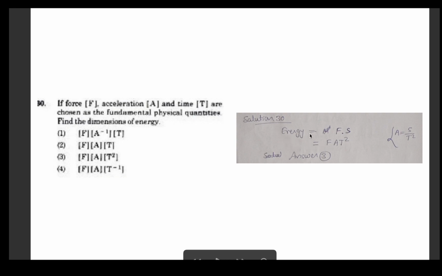So I have written energy in terms of, we know work is equal to energy is equal to force multiplied by distance, and we know acceleration is equal to displacement divided by time square. So we can write displacement in terms of acceleration and time square. So we have written the energy in terms of F, A and T.